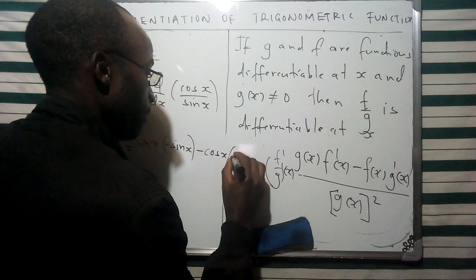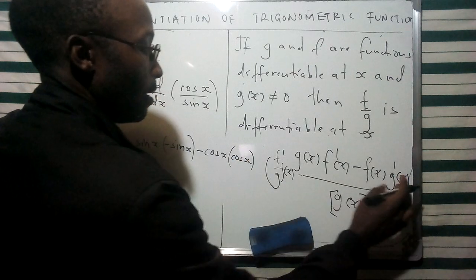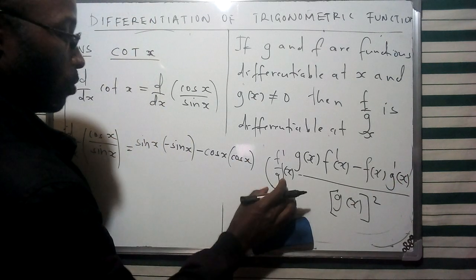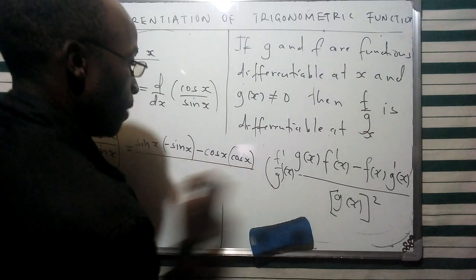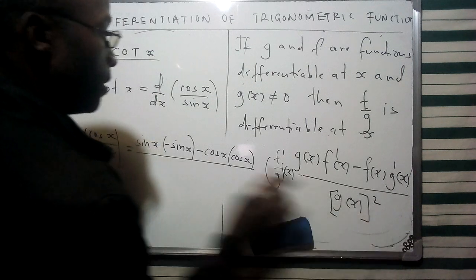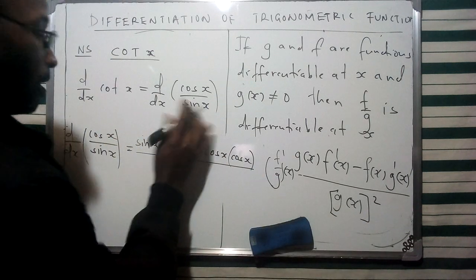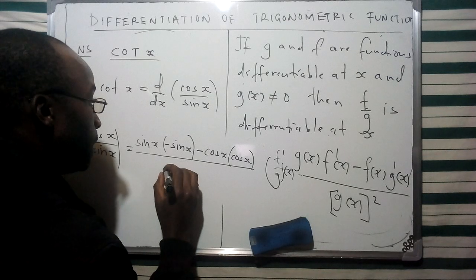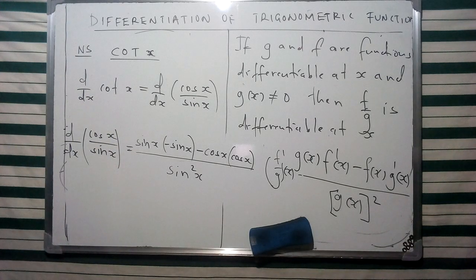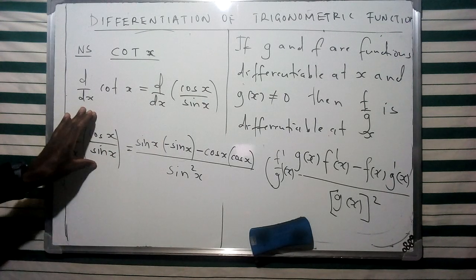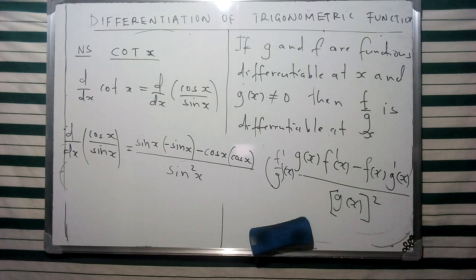And then therefore, we're going to have this one as the cosine of x, as the first, the derivative of g(x), of course, which represents the sine of x, as I've mentioned. So this one is going to be all over g(x), and I said that g(x) represents the sine of x. So therefore my denominator is going to be given in terms of the square of the sine of x. So the evaluation of this specific representation for this section of the equation on my right side therefore represents the derivative of the cot of x, as I said.